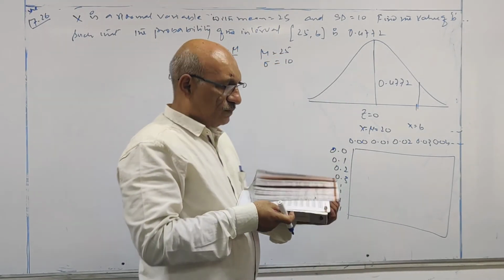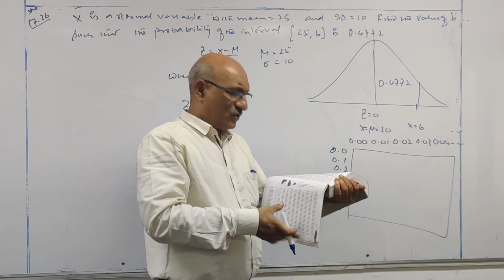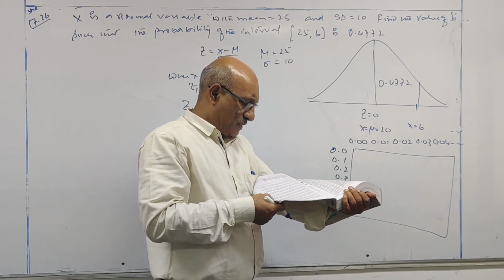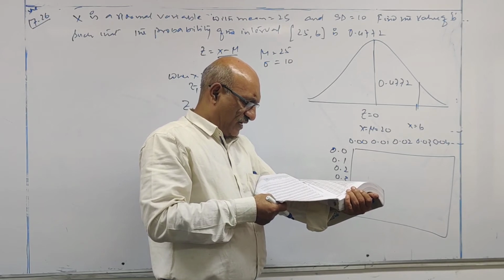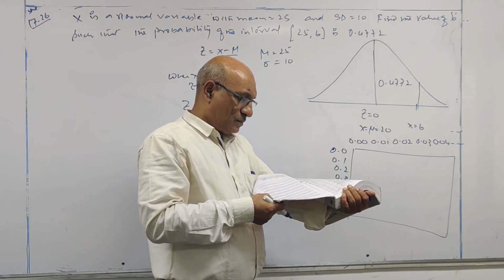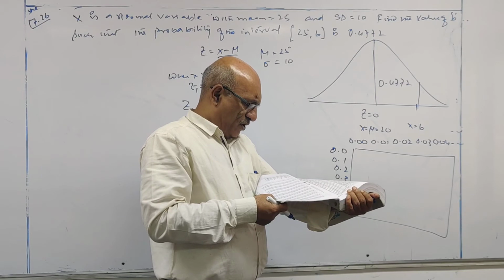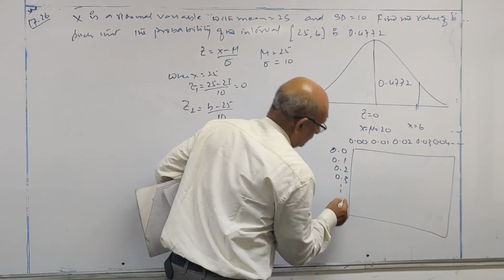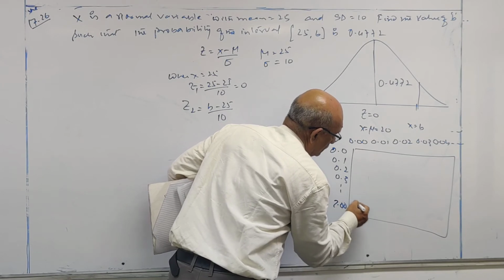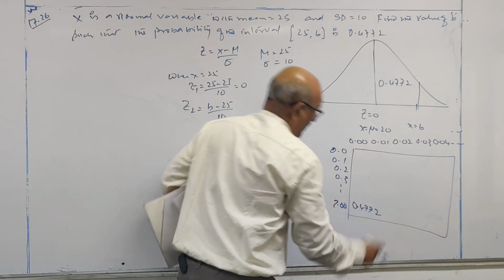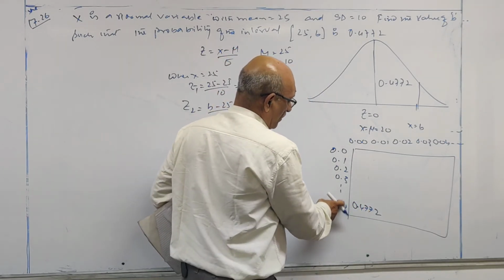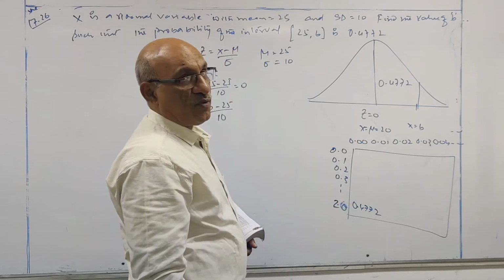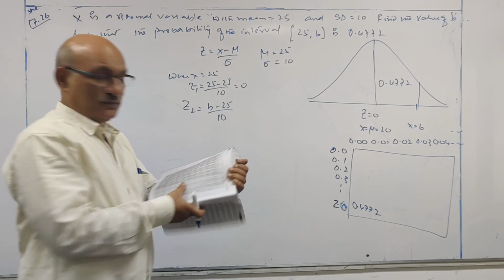Starting with the first row, you proceed row-wise till you get 0.4772. 0.4772 is there. 2 under 0, 0.4772 is there.